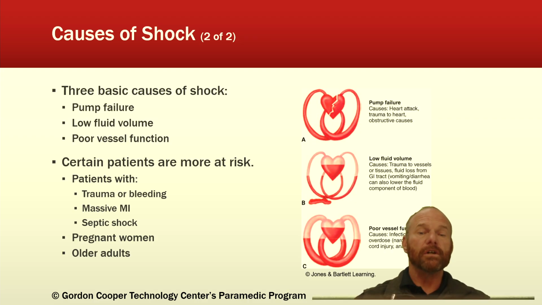And then patients with septic shock, where that infection can lead to widespread vasodilation and fluid loss, causing shock. And then, of course, older adults as well, who often already experience a decreased cardiac output and reserves. So then it's compounded by conditions, with the trauma and all of that affecting vasoconstriction.